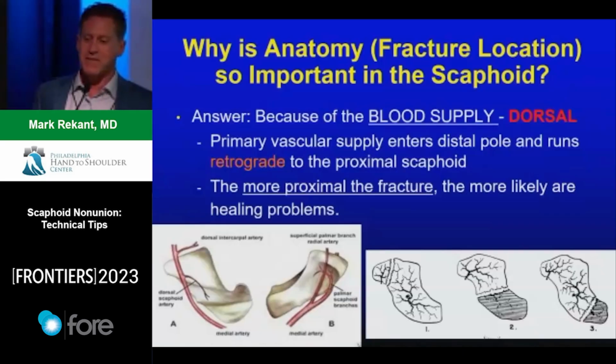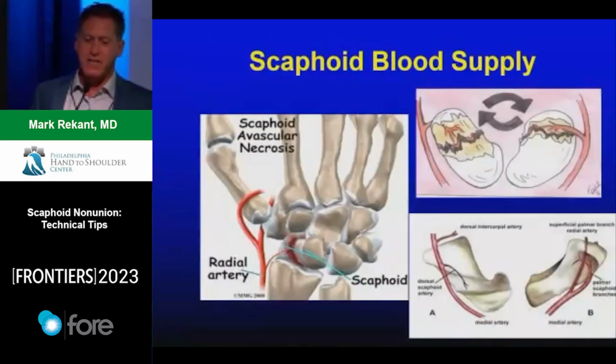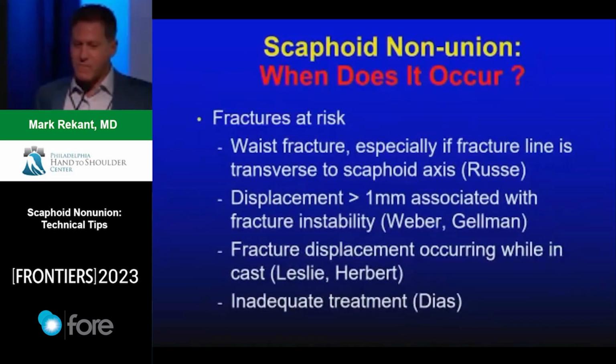Blood supply to the scaphoid comes in at a venous gradient. And then you can see if there's a fracture proximal to where the blood supply enters, those vascular channels in the bone are disrupted. So the proximal portion of the scaphoid, which is covered in nice glistening articular cartilage, does not get proper blood flow and thus has a difficult time to heal.